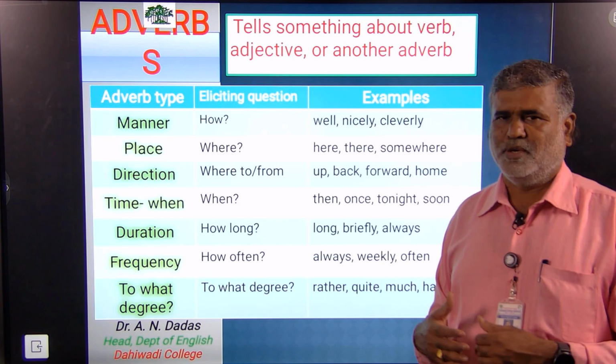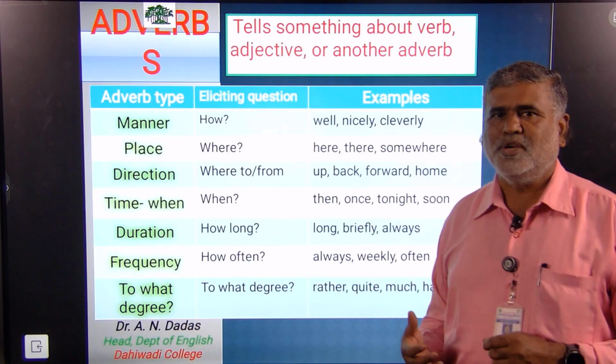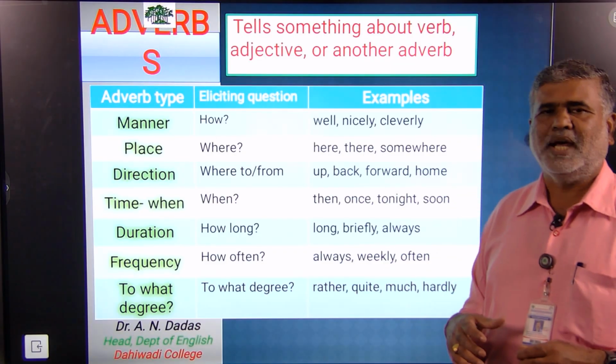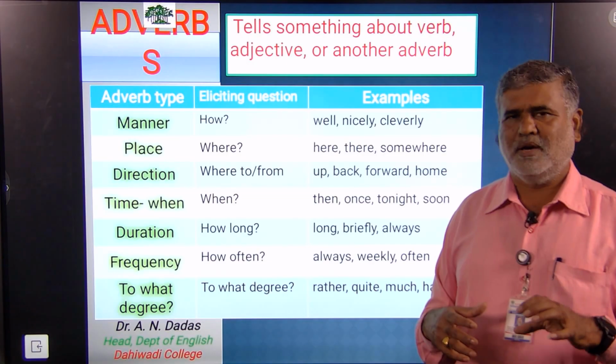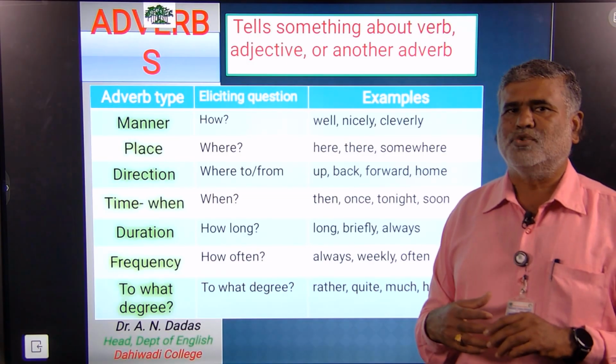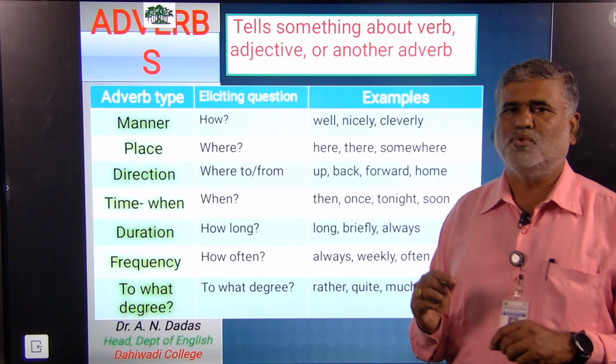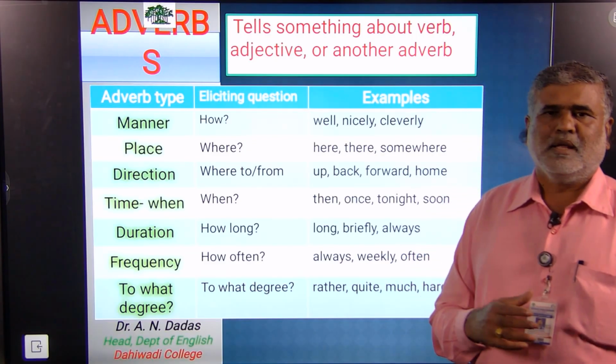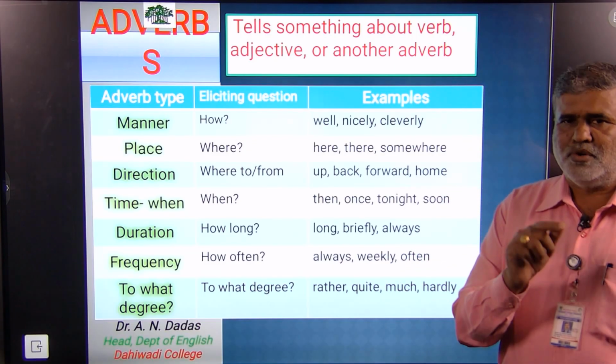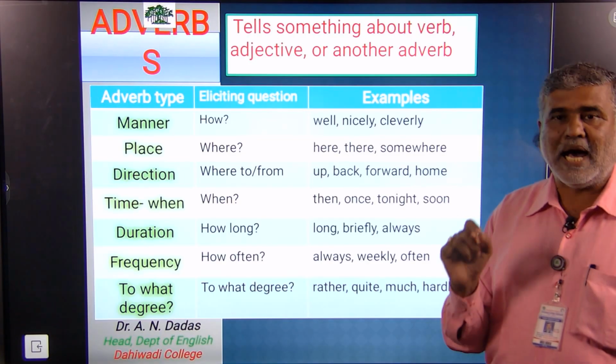It means you have the examples always, weekly, often, and there is one more adverb of degree, and you have to ask the question to what degree. For example, rather, quite, much, hardly.